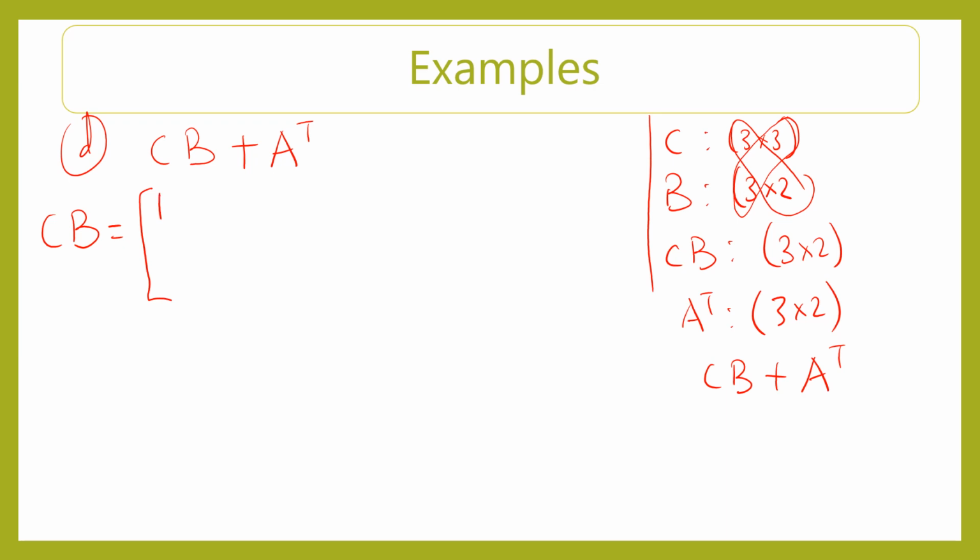C again is 1, 0, 4, 2, 1, 3, minus 1, 2, 0. Times B. B is minus 1, 2, minus 1, 3, 0, 4.